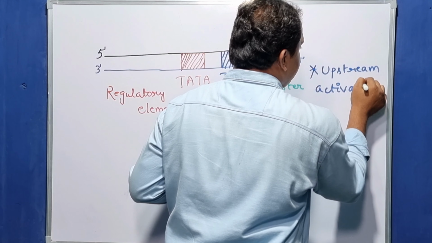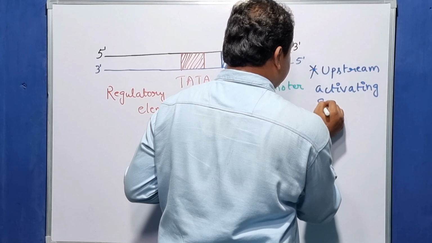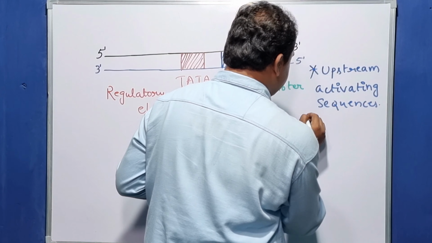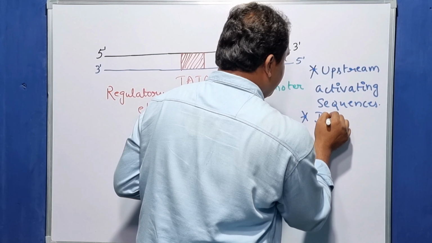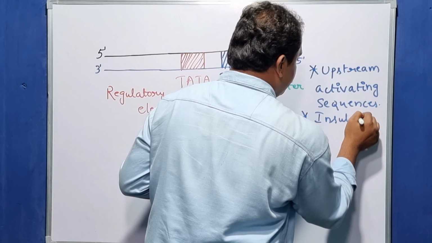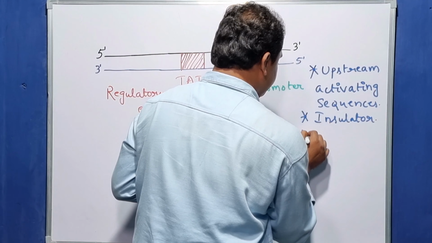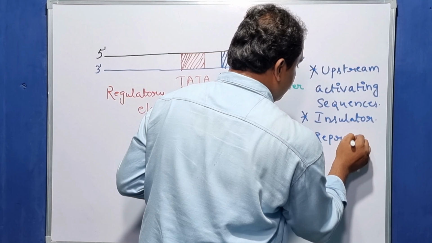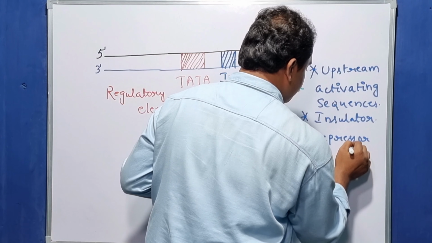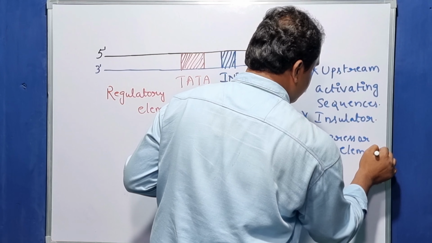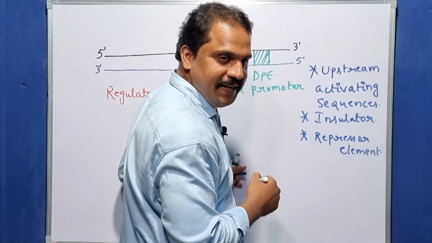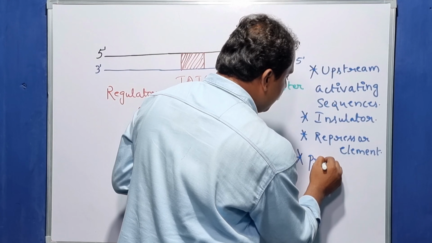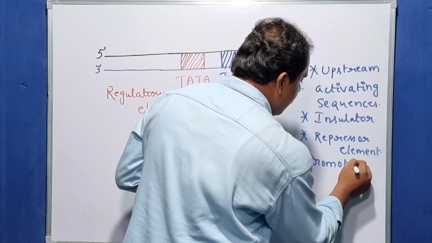And it also consists of insulator, repressor element, is it clear? And the other component is nothing but what? Promoter proximal element.